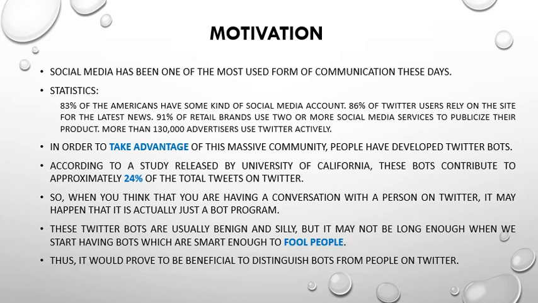What other people are trying to do is make Twitter accounts which are artificially intelligent and able to fool other people and act as though they are human. As artificial intelligence progresses, it might fool people quickly, and it would be really helpful if we had a program which could distinguish between bots and human people on Twitter.